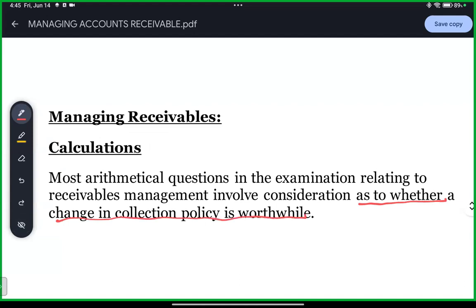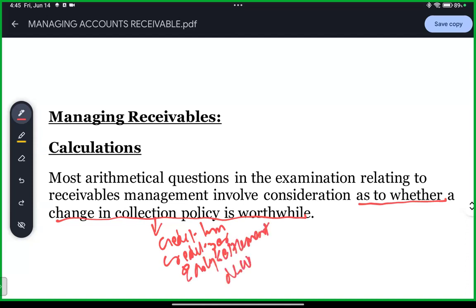Okay, so you have a collection policy in your business. That collection policy can be in terms of credit limit, in terms of credit period, or in terms of early settlement discount allowed. So you will be asked in a question, is it really beneficial for the business to extend the credit limit, extend the credit period, or provide early settlement discount?